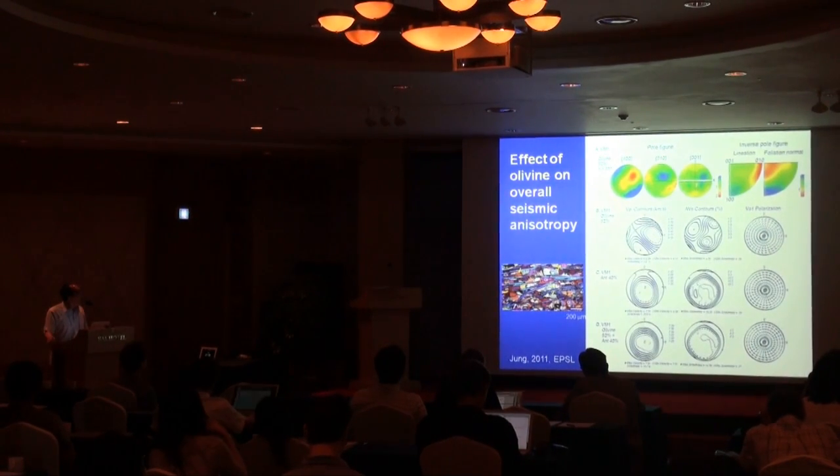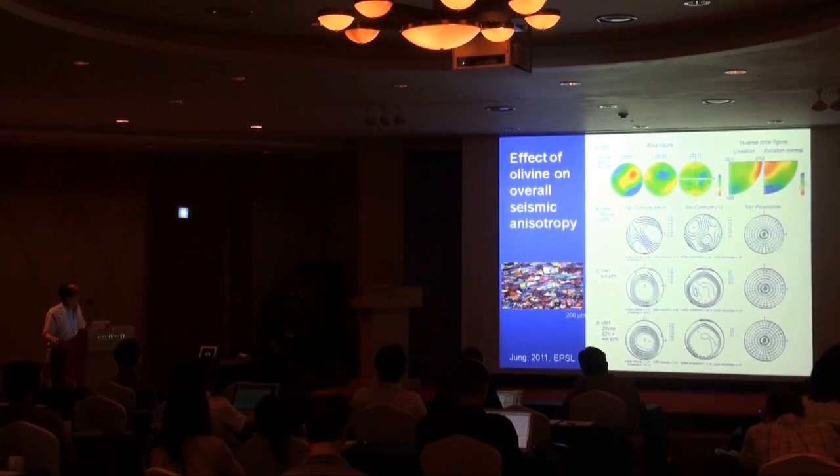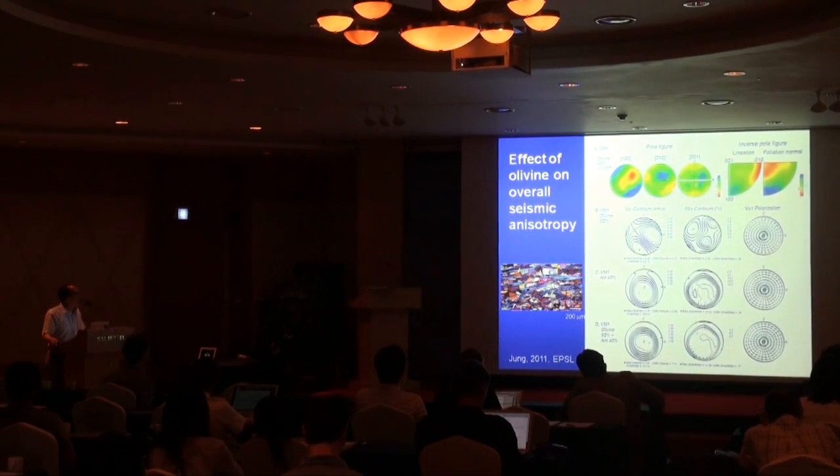Okay, one more thing I considered was olivine fabric, and what effect olivine has on the overall seismic anisotropy. I chose one sample here containing 52% olivine and 40% serpentine.